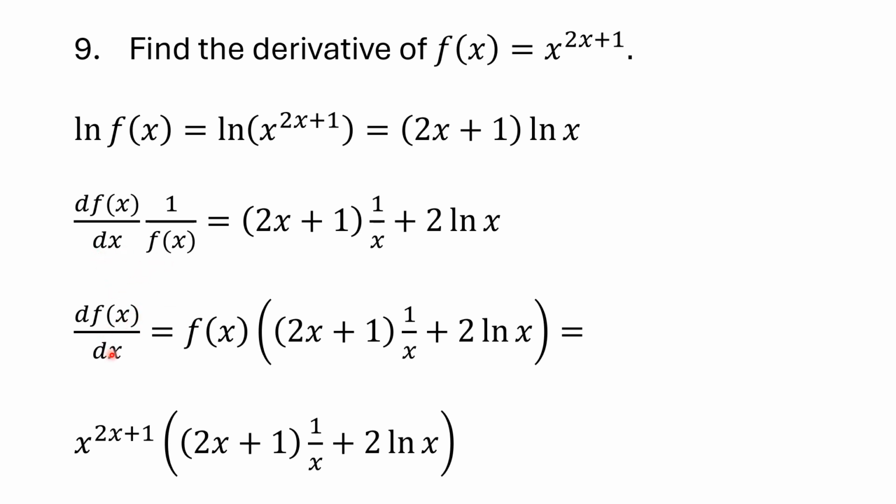So the derivative, which is what we wanted, is f of x times that whole expression, or x to the 2x plus 1 times the expression 2x plus 1 times 1 over x plus 2 times the log of x. So that one was involving quite a few different things, but all the parts are easy. Take them one at a time and you will get to the answer.